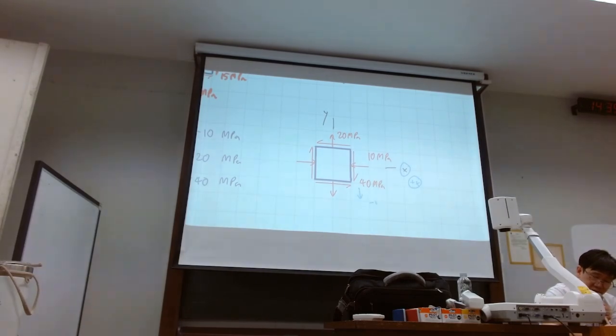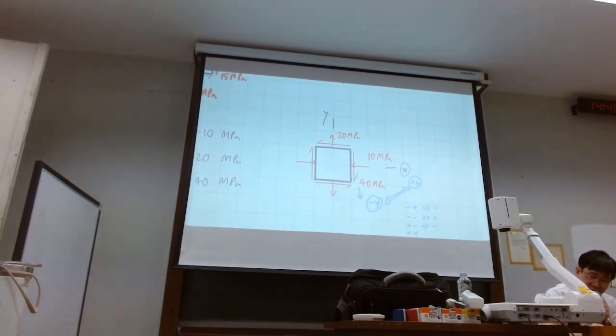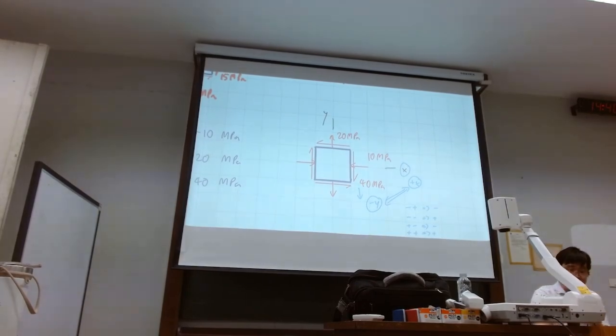This one, negative y. So positive x, negative y, positive and negative, that's a negative. If it's a negative and negative, that is a positive. It's just like that. Positive, positive, that's positive.